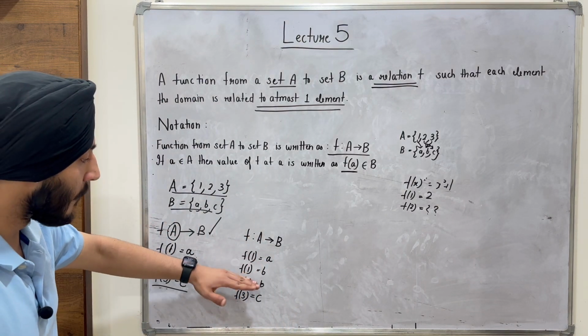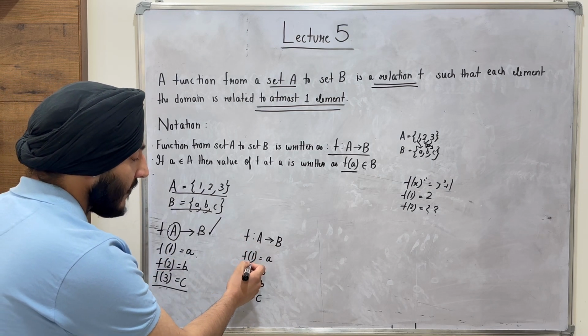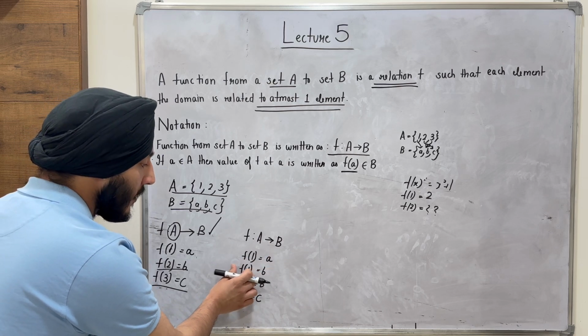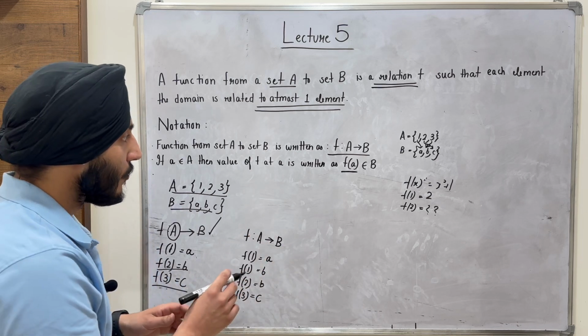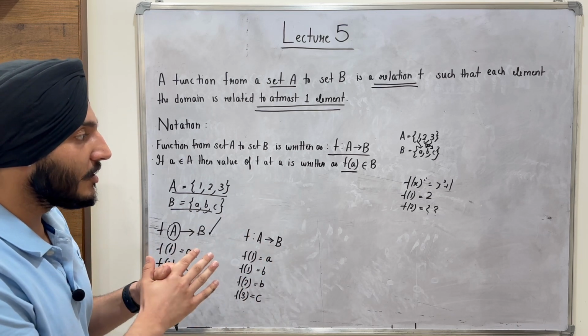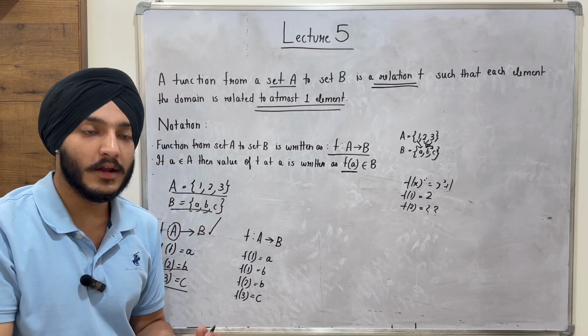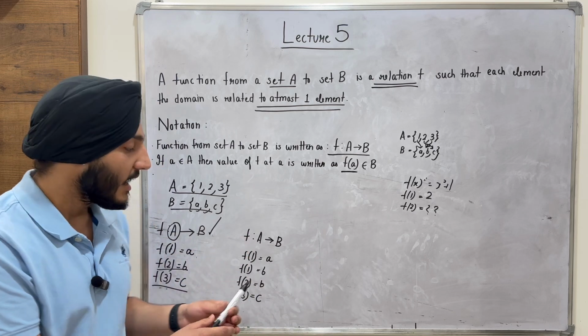Why? Because if you think about it, the value 1 from the set A results in the value a in the function, and the value 1 also results in this value b over here. So the basic point is, a function cannot have a value which results in multiple values. It cannot be more than one. A function should only have one single result when it comes to discrete math.